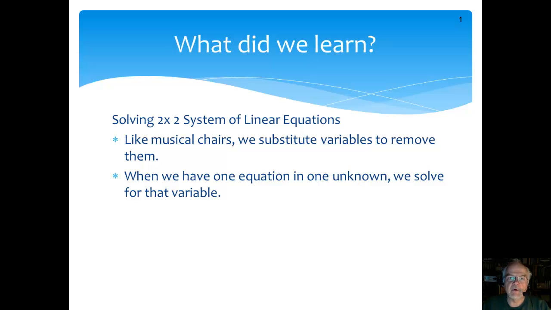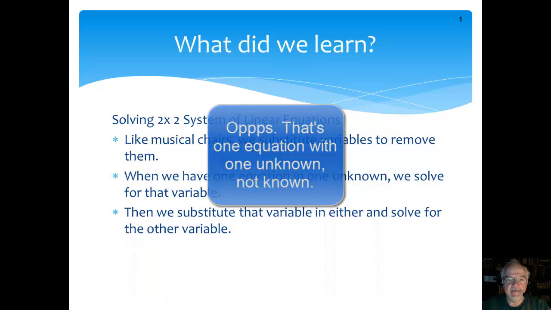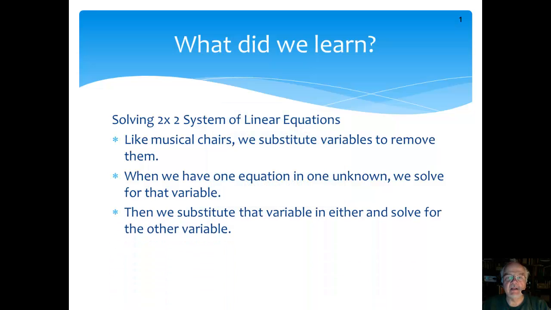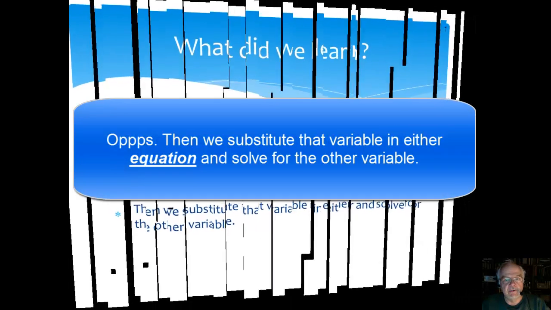We end up with one equation and one unknown. And once we get one equation and one unknown, we solve for whatever variable is left over. And then we plug in the value of that variable into either of the two equations that we have, and we solve for the second variable. So we've solved both variables.